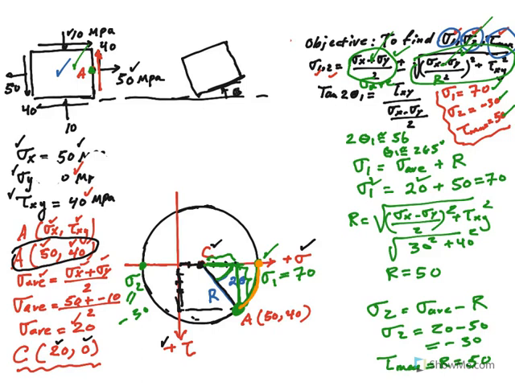So this is theta 1, 26.5 degrees. So over here you would have the 70, sigma 1, right? And over there 90 degrees from that, or 180 degrees on the Mohr circle, you get sigma 2, which is the 30 in compression.